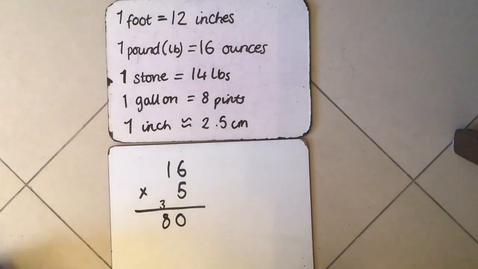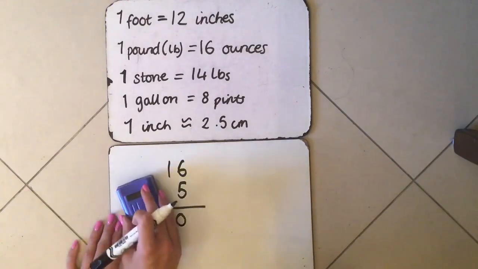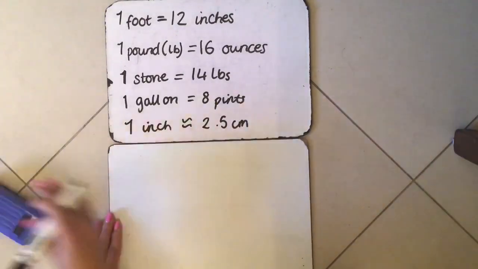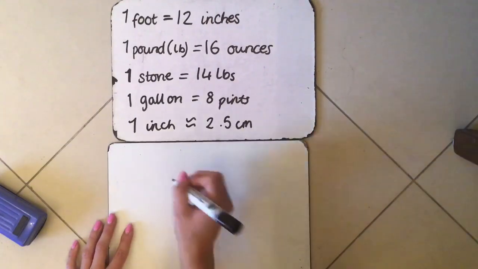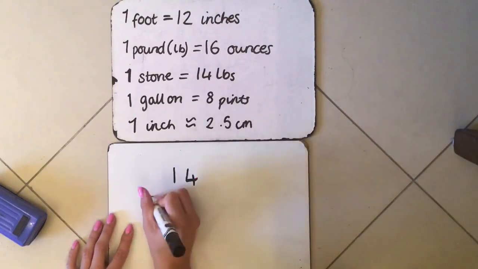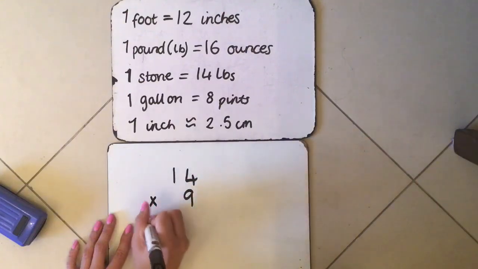The next one, let's do stone and pounds. Let's do 9 stone. Let's find out how many pounds is in 9 stone. So I'm going to do 14 times 9.